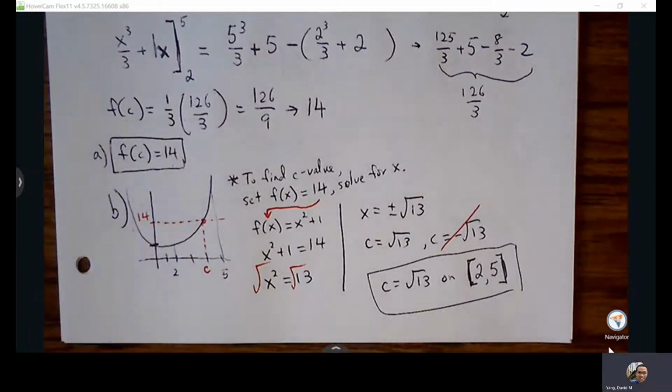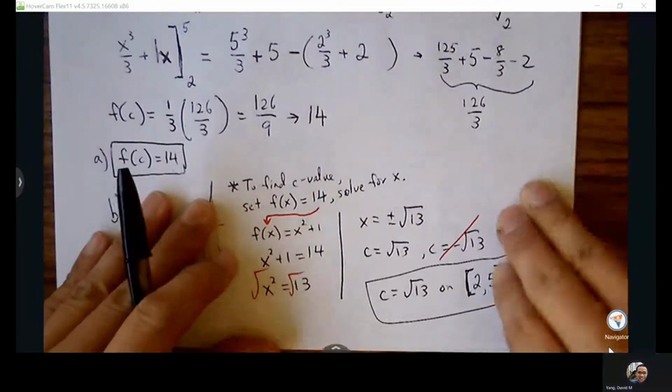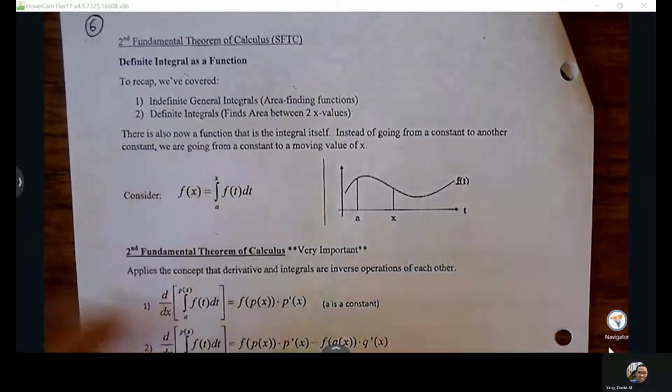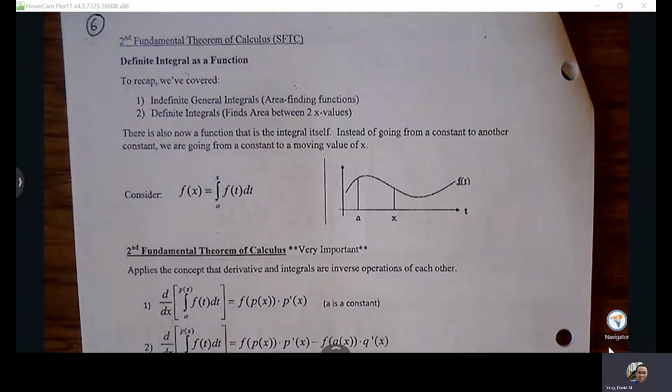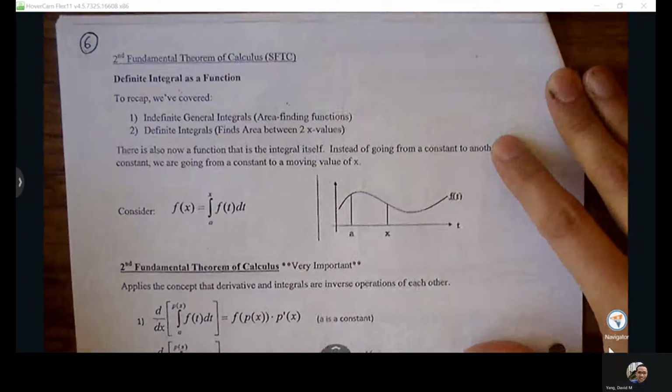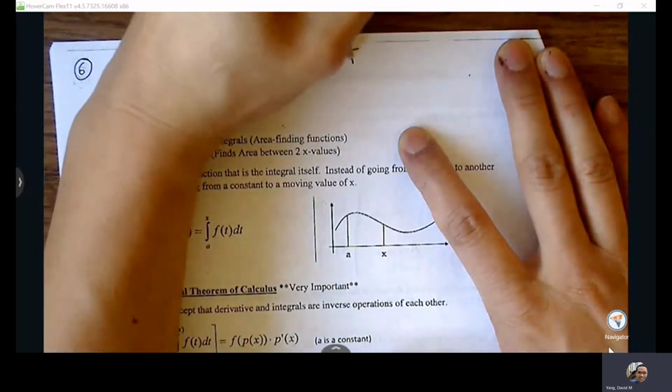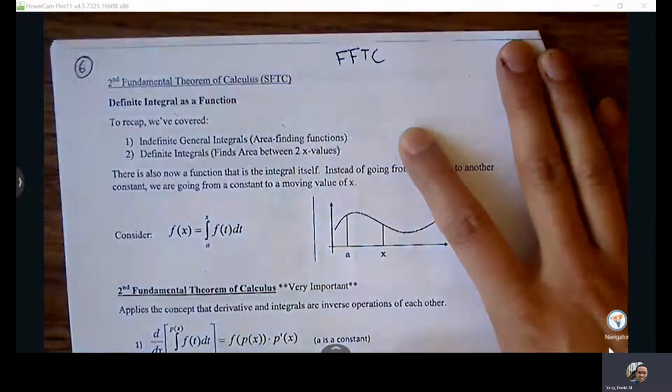Okay, back page. So we first learned about the first fundamental theorem of calculus, which we've been applying, right?